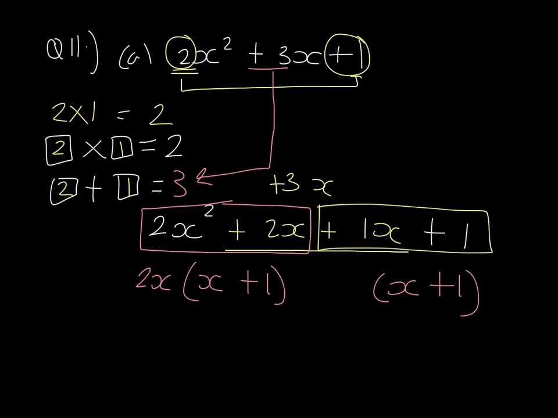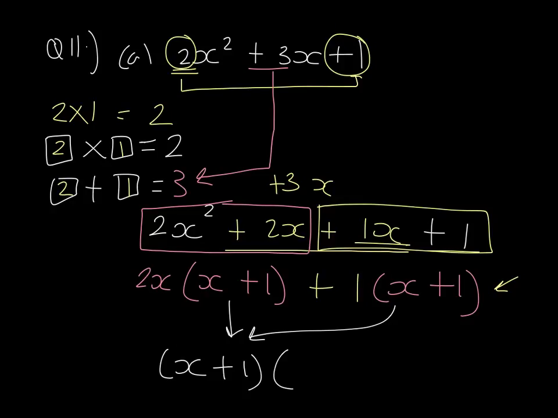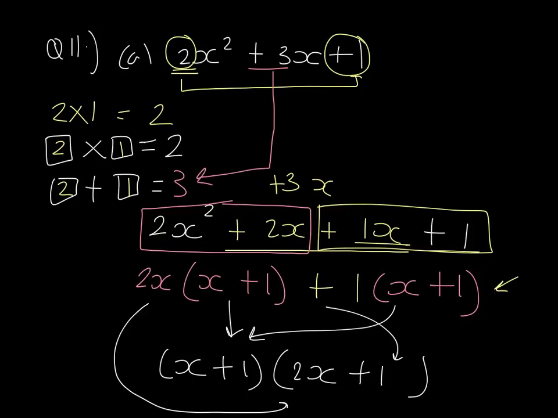Now, in front of this x plus 1 over here, we need to introduce a plus 1 so that the bracket expands to give us a positive 1x and a positive 1 up here. We then have everything we need for our final factorisation. The x plus 1 becomes a bracket and is joined by the 2x and the plus 1 from up here.